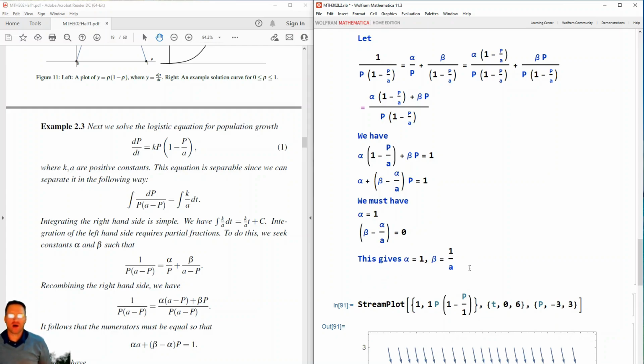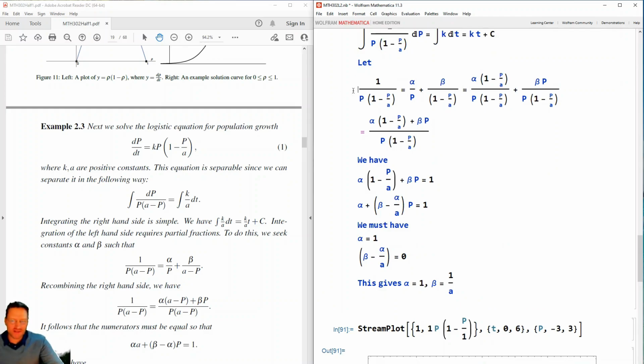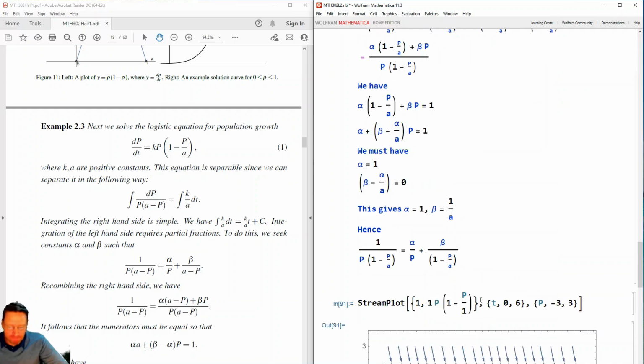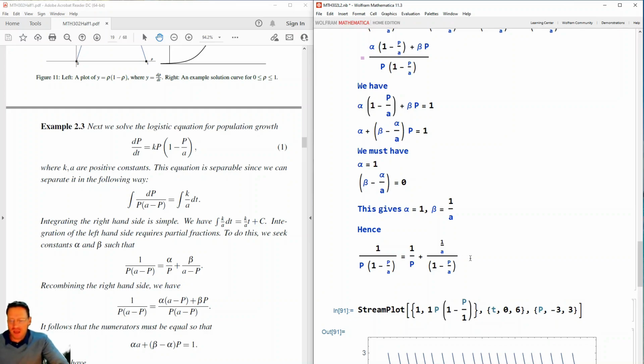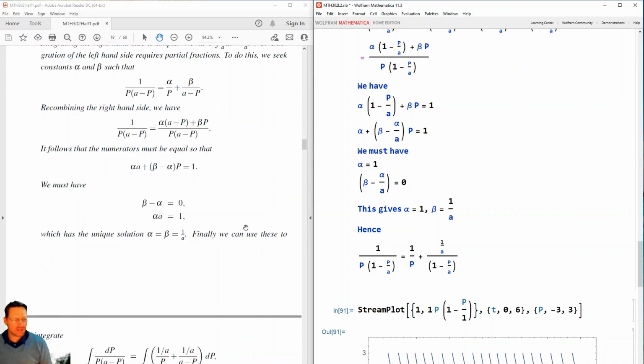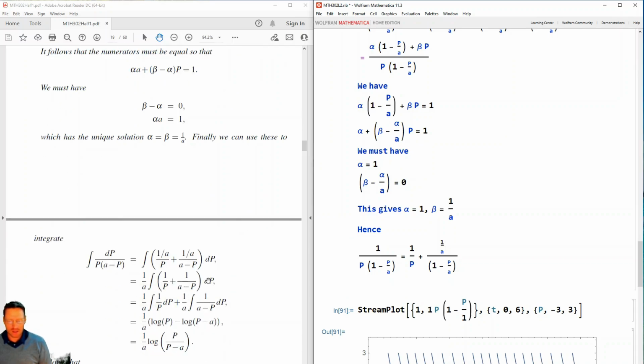Okay, so now that we have alpha and beta, we can come back to how we separated this up above and say, hence we have this fraction equal to 1 over p plus 1 over a all over 1 minus p over a. Okay, so let's compare with what we have here. Yes, pretty much the same.